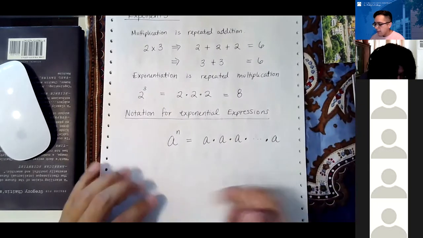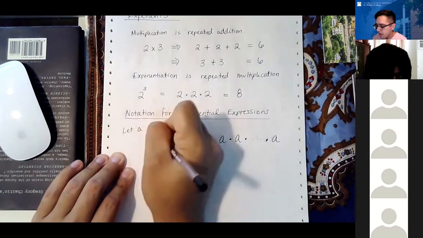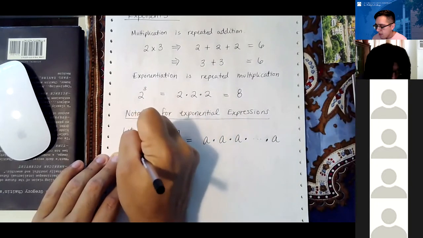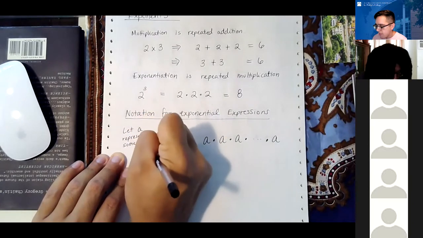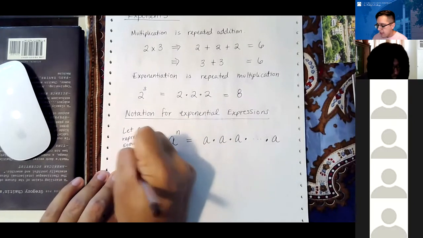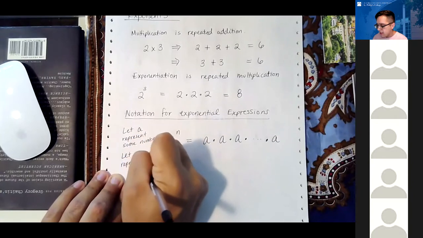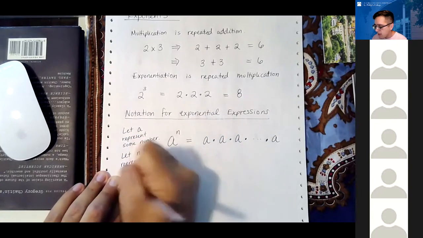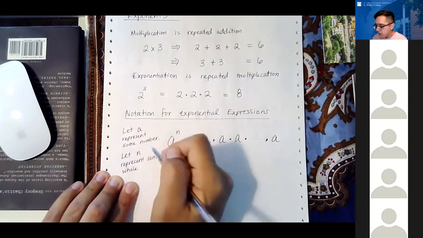So imagine that we let a represent some number. And we're going to let n represent usually some whole number. Or at least for our purposes right now, we're going to use whole numbers.